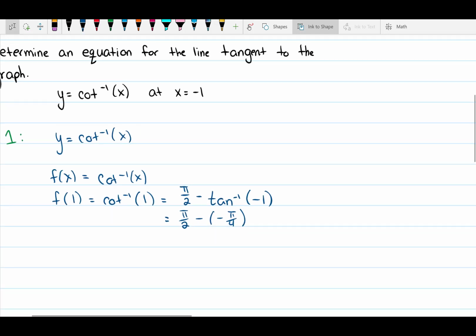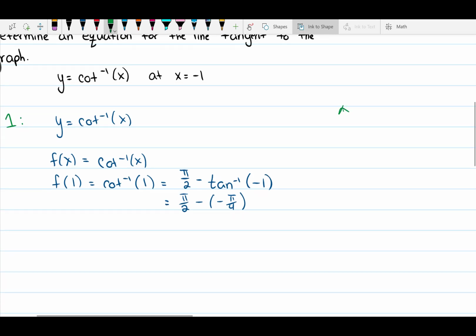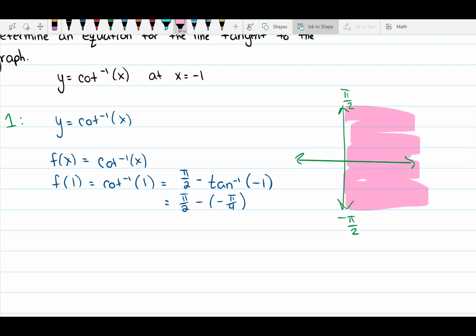So we get pi over 2 minus negative pi over 4. The way we do this is we have to remember which 2 quadrants tangent inverse exists in. Here's pi over 2, here's negative pi over 2, and tangent inverse is over here. This piece right here is tangent inverse.